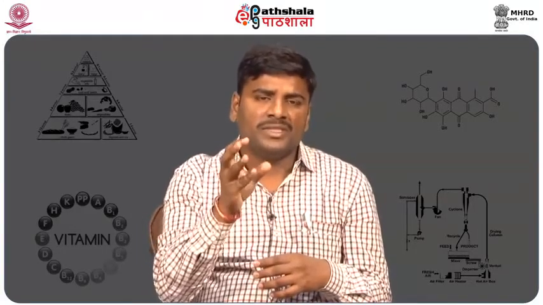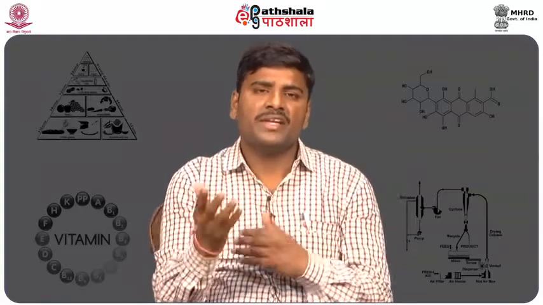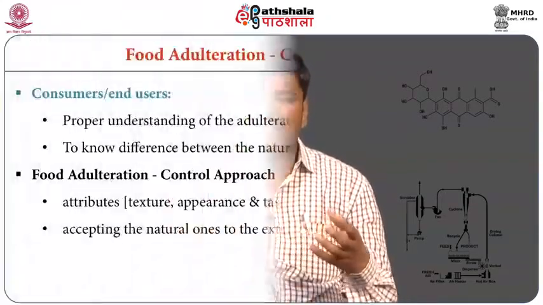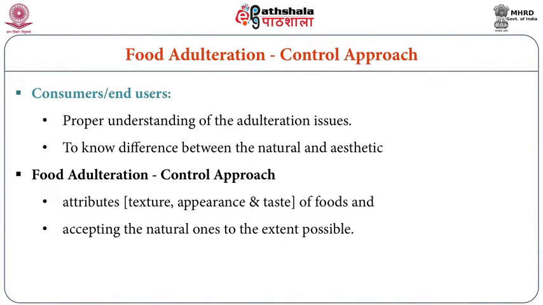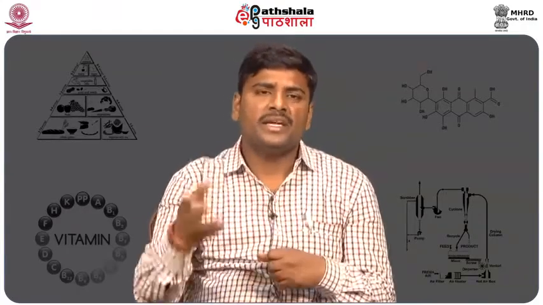When you purchase food from the market, you should see the label of that food and what ingredients have been added. Consumers should have awareness of labeling, nutritional information, ingredients, and authenticity, and should be educated through print and electronic media, and be shown the quick tests they can conduct at home to check this adulteration.